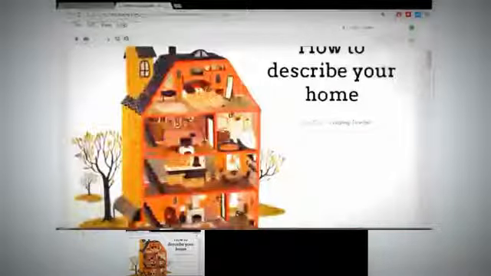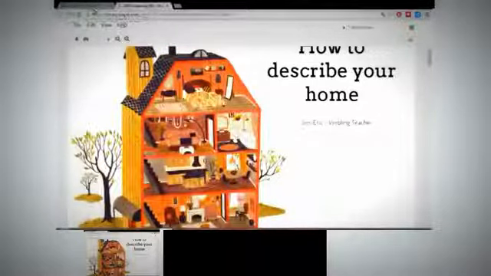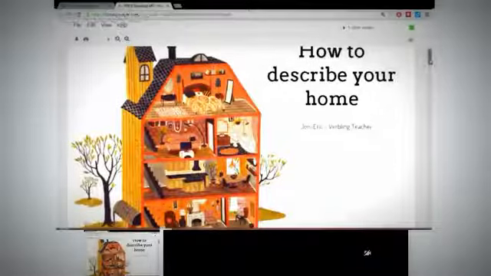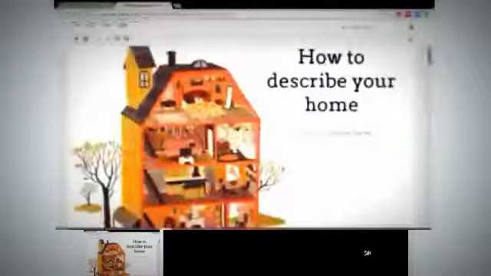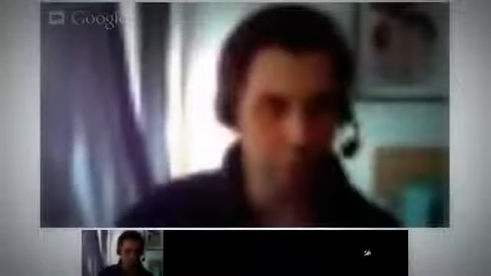First of all, Nino, can you see on your screen how to describe your home in the picture? Yes, I can see it now. Okay, great. I got my screen sharing to work. So I'm going to turn it off now that I know it works, so I can just greet everyone and say hello.